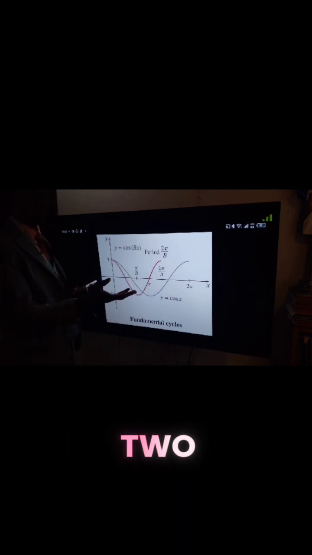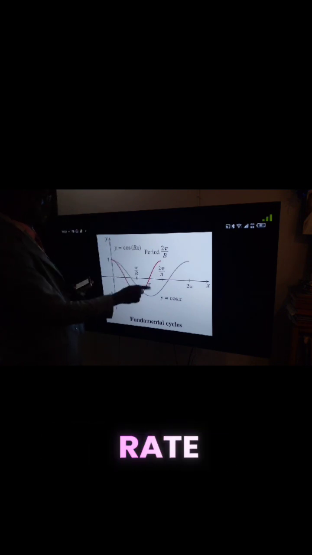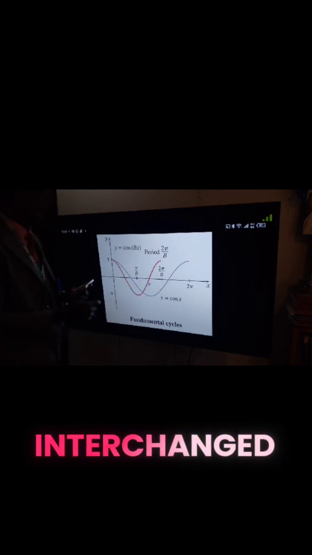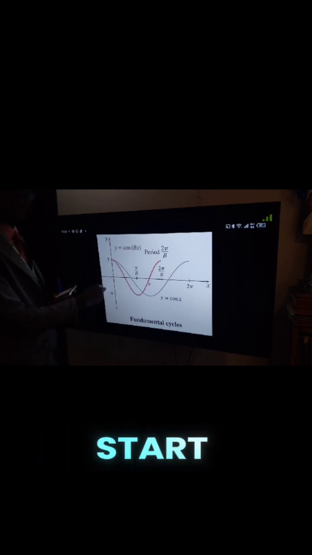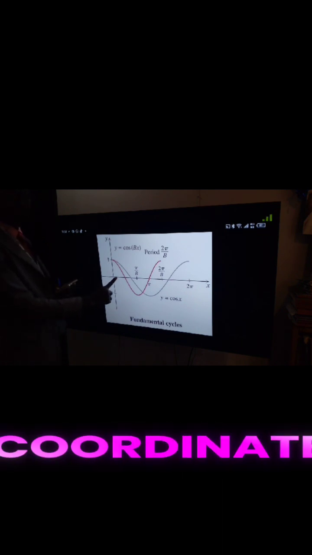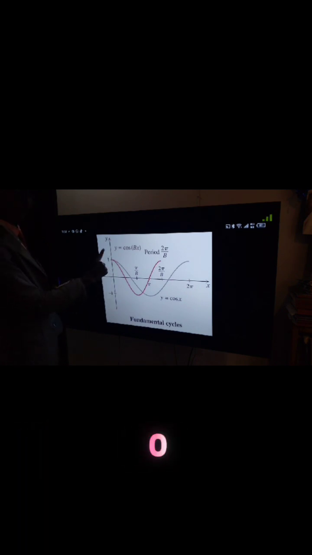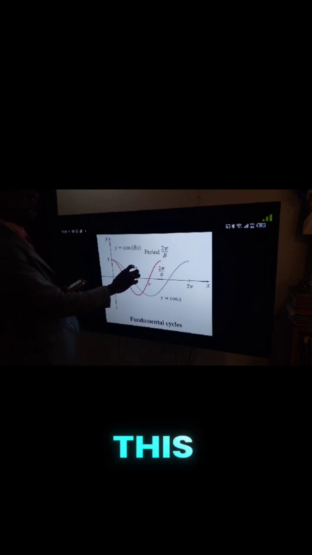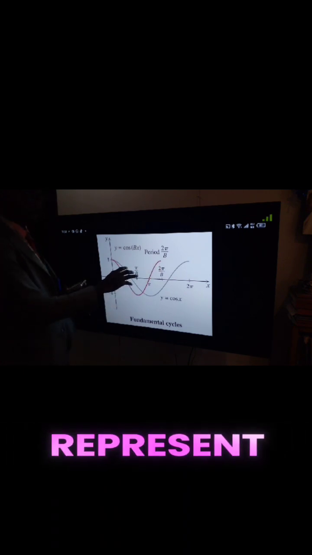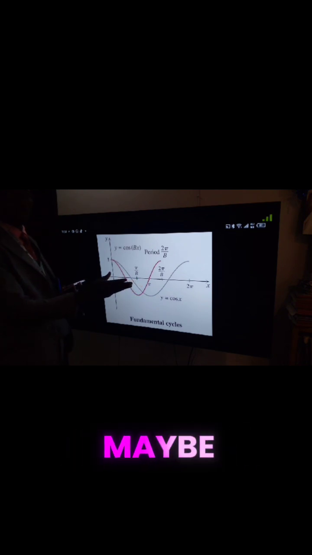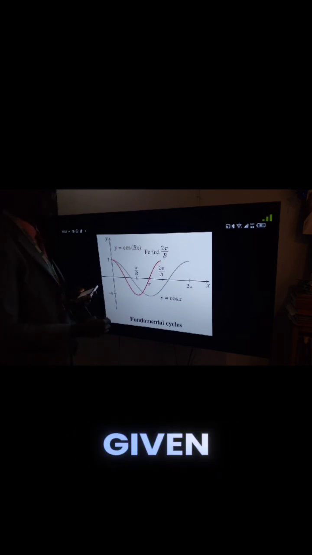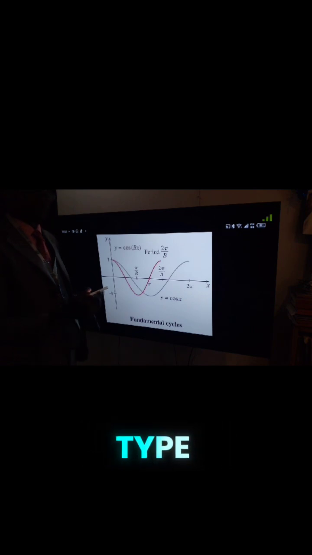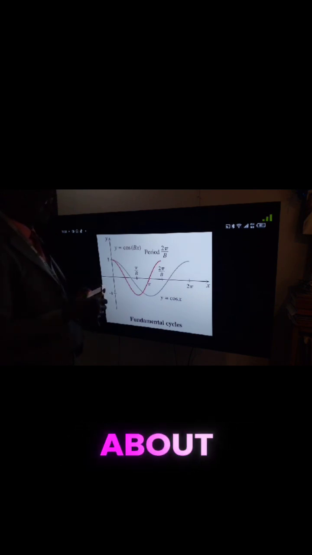This graph does not start from the origin. It starts from coordinates (0, 1) and (0, -1). You are able to use these pi notations to represent this graph, and to find the derivative of the functions in case it is given. This would be the second type of graph that we will talk about today.